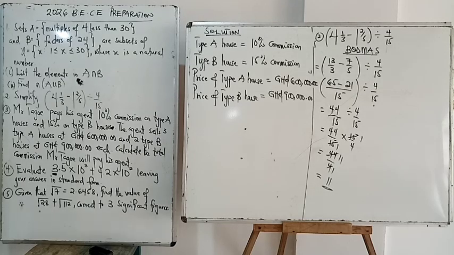Now the agent is able to sell 3 of the type A houses and then 2 of the type B houses. And then we have to calculate the total commission Mr. Tego will pay his agent.